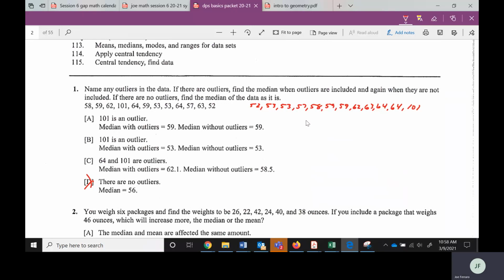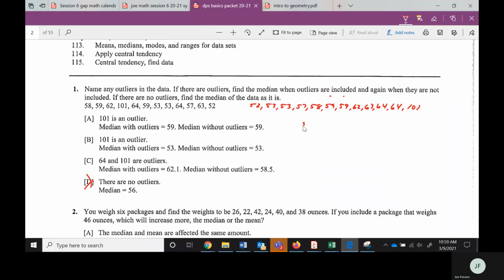So what we need to do is find the median with this number in there and then find the median without it. I counted out 12 numbers. So 1, 2, 3, 4, 5, 6, and 1, 2, 3, 4, 5, 6. These are the two middle numbers. You should be able to look at that and figure out the median's 59.